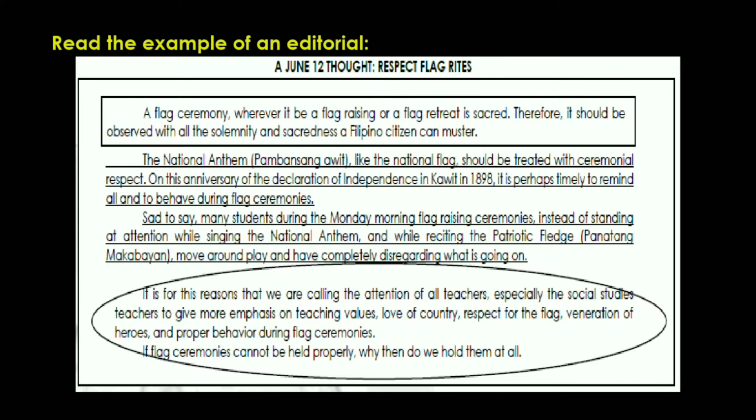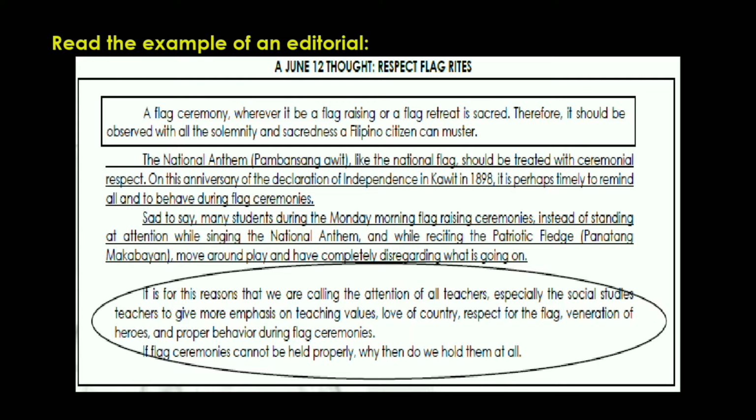So the paragraph inside the rectangle presents the introduction of the editorial, where you can write the explanation of the topic or issue. Those paragraphs with underline give you the body of the editorial, where you can present your opposition, pull in other facts, give your stand regarding the issue by supporting it with reasons from strong to strongest order.